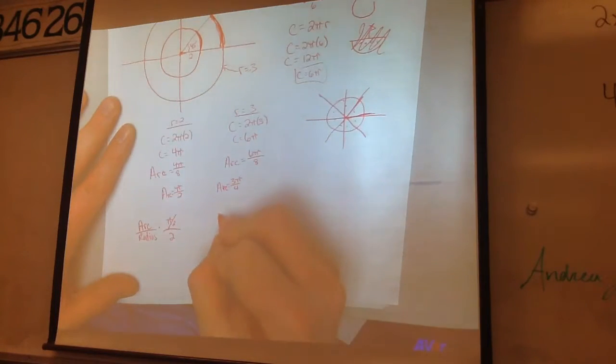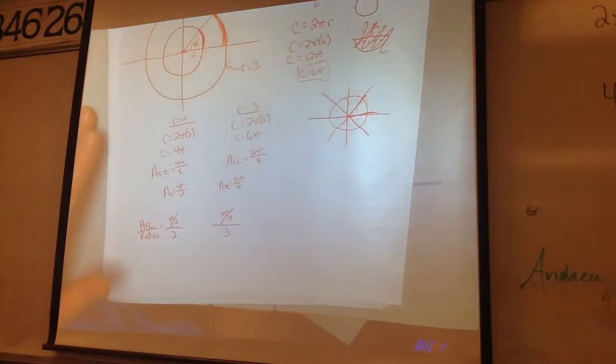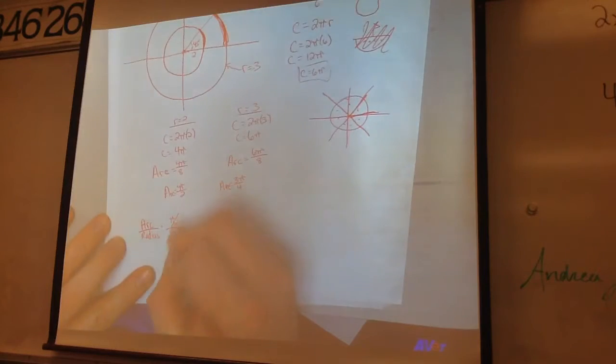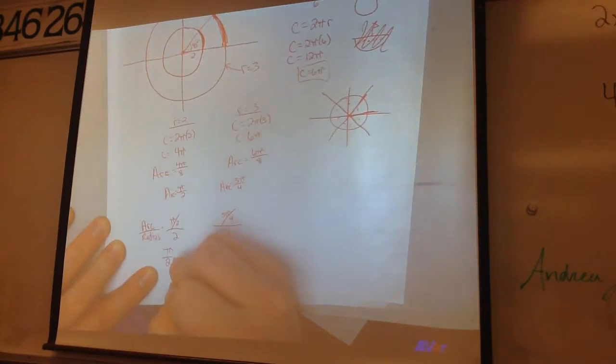For the big one, it's 3 pi over 4 divided by 3. I'm going somewhere with this. So the first one is 2 pi over 2 flipped, a quarter pi. Pi over 4.